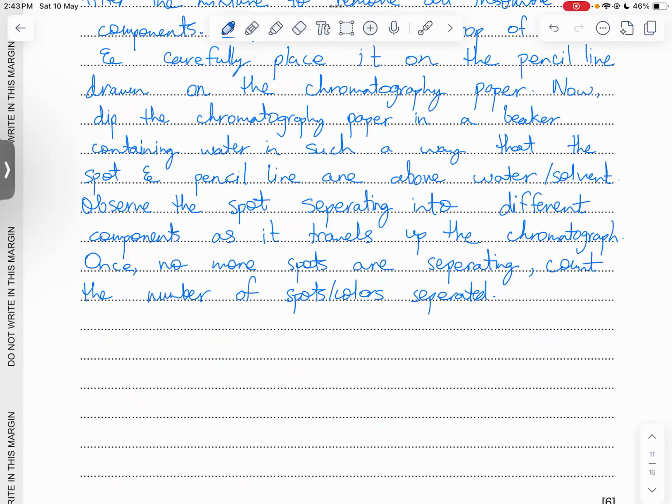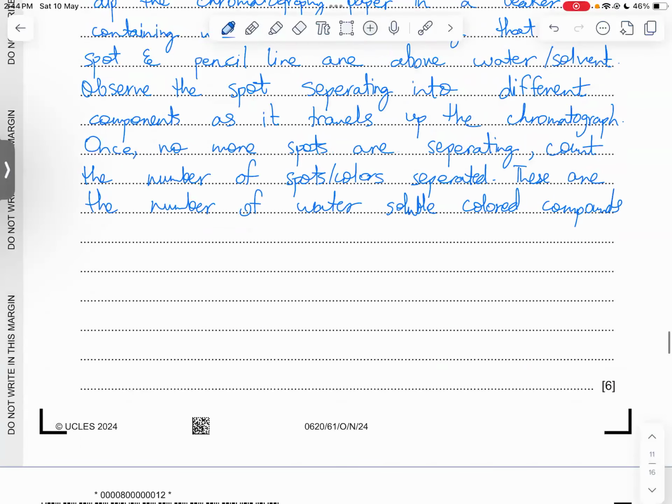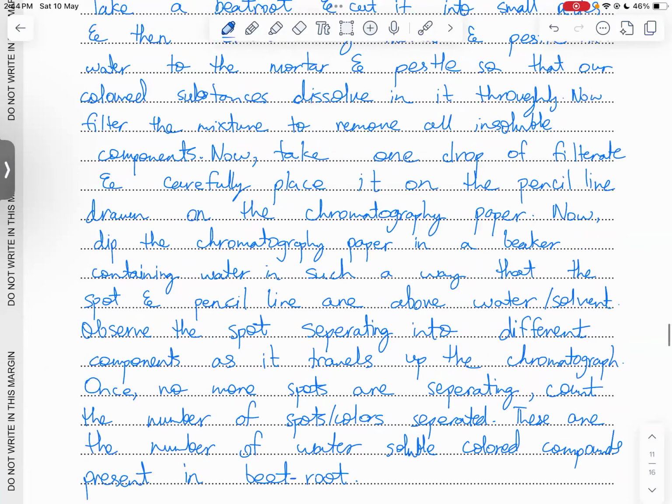So these are the number of water soluble colored compounds present in beetroot. Full stop. And with that, this past paper has been completed.